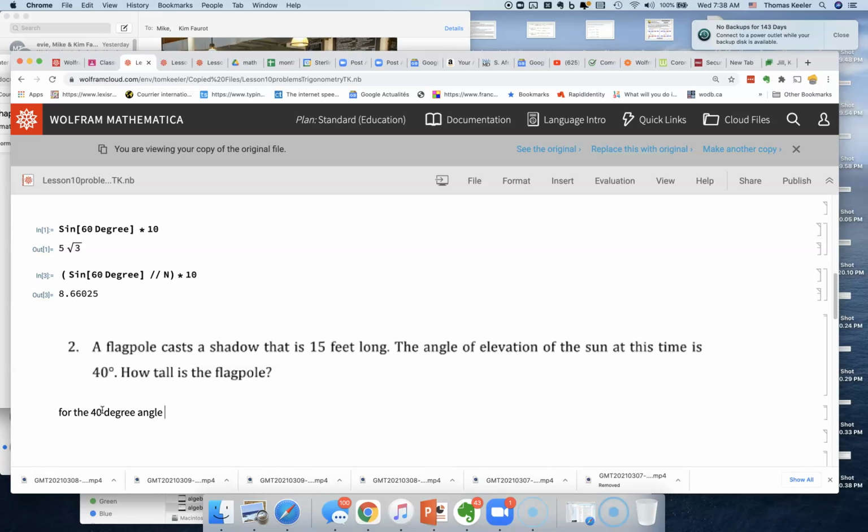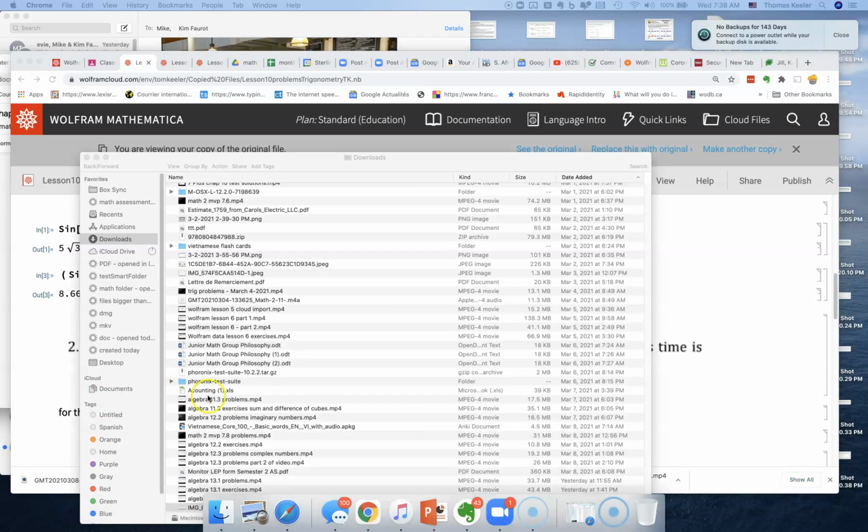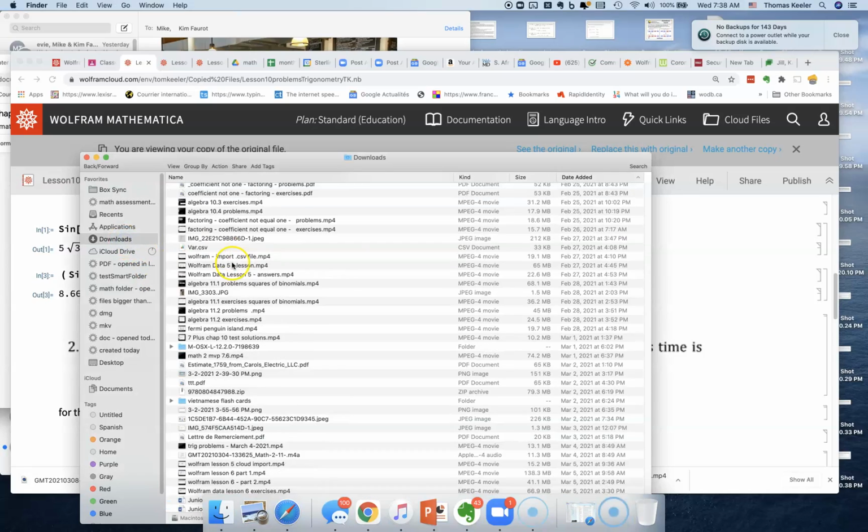So this is the ideal workflow, right? Within Wolfram, you say, okay, I've got this little drawing, so I'm going to take the little drawing and send it. For me, I can airdrop it. So I've airdropped it over, and then I go to my downloads.